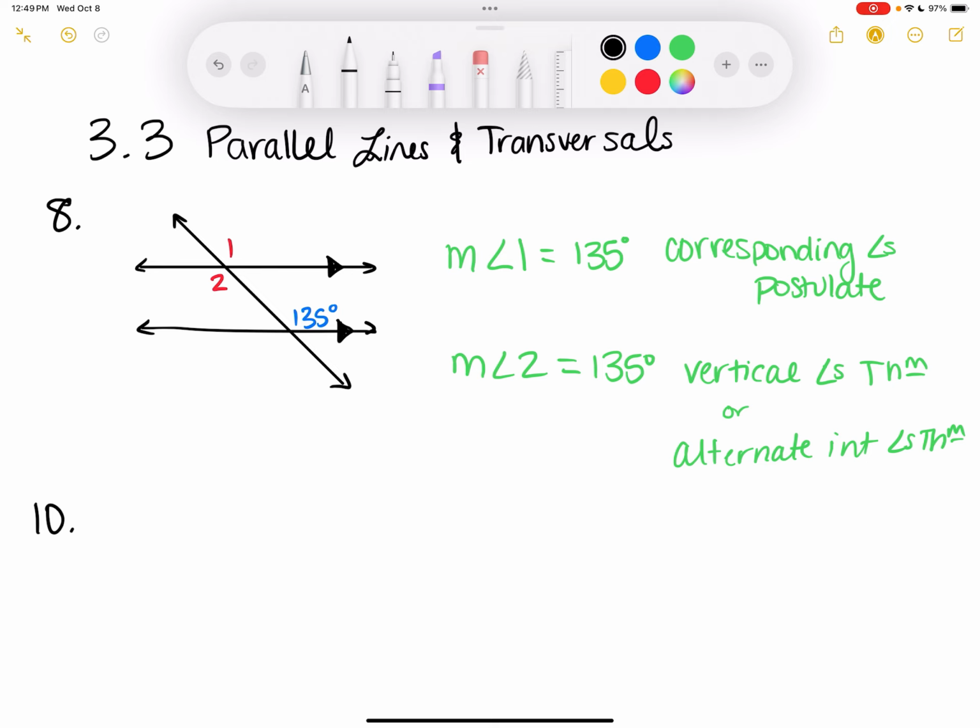Number 10. They give us, this one is 118, and then this is 1, and this is 2.